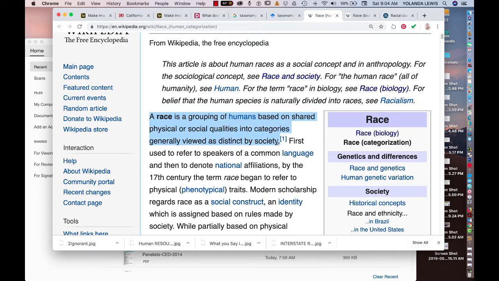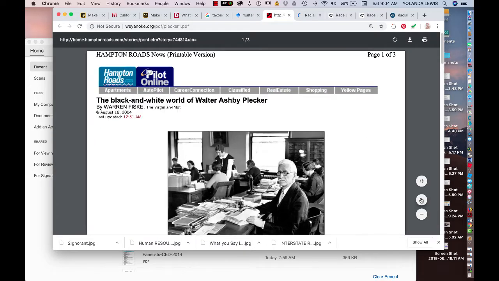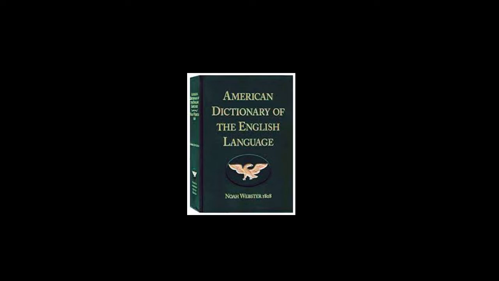What is taxonomy? Taxonomy. What does that mean? Hold on one second. I want to make sure I get you the exact definition. Let me pull my dictionary out for you.